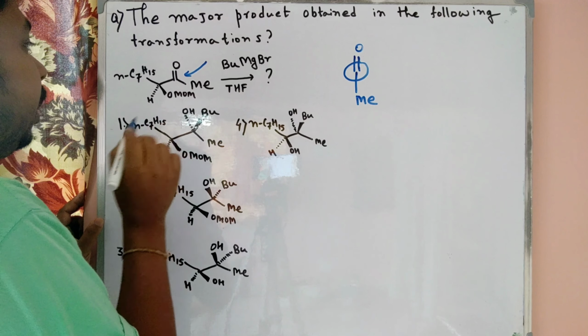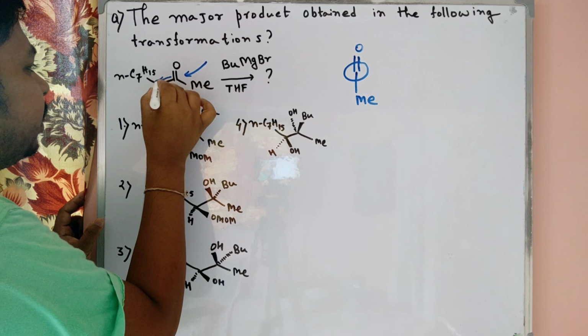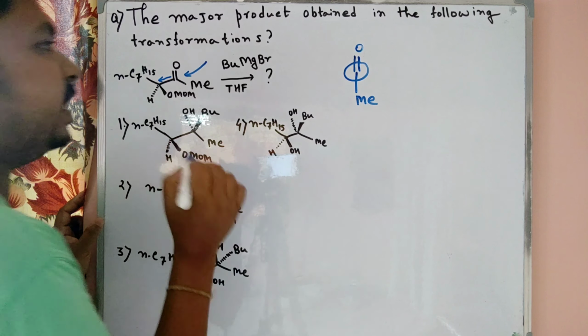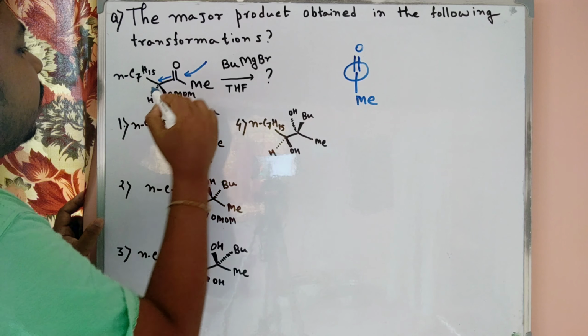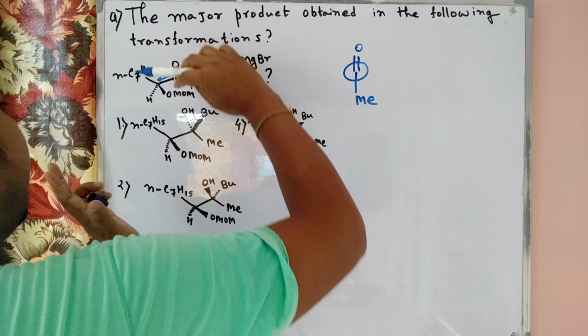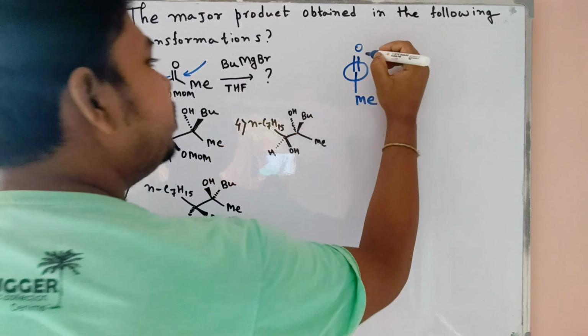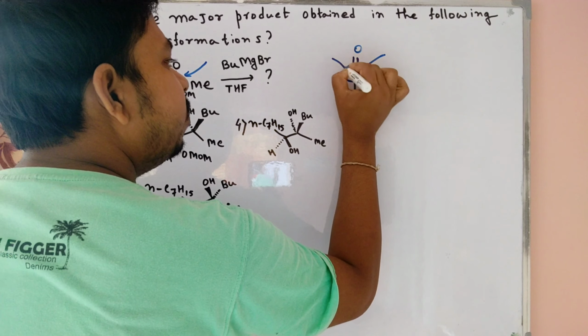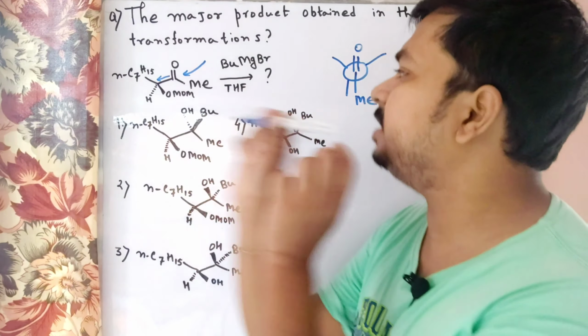Then our journey starts. Now if we show the bond here, on the right side is OMe and on the left side is hydrogen, in the eclipsed form.